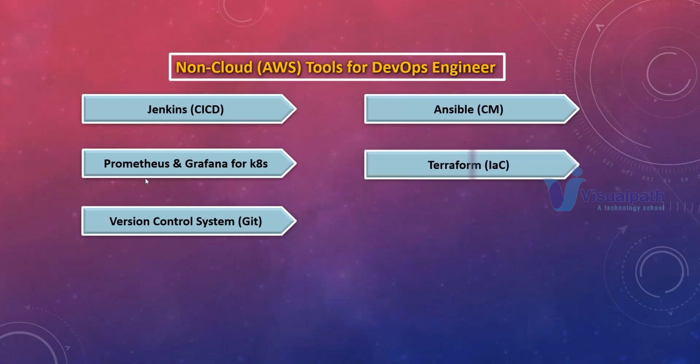After that, we need to learn an infrastructure as code tool. If you want to manage your AWS cloud, if you want to create anything on AWS cloud, we will not create it manually. Initially, we will learn manual steps, but after that, we have to automate, right? So what is the tool that we will be using to automate our AWS resources on the cloud? We'll be using Terraform.